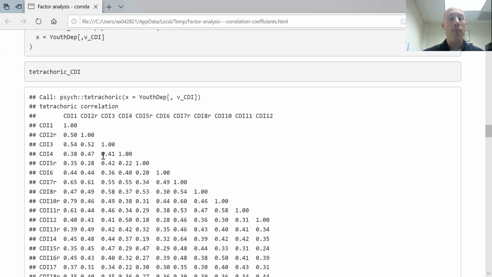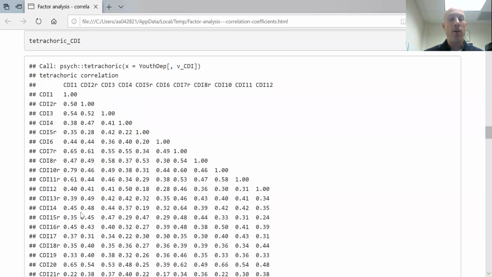And so when I do that, I can see these values. Like the bivariate normal distribution that's fitted to the first and second CDIs has a correlation of 0.5 as a parameter. The bivariate normal correlation between CDI1 and CDI3 has a rho of 0.54.